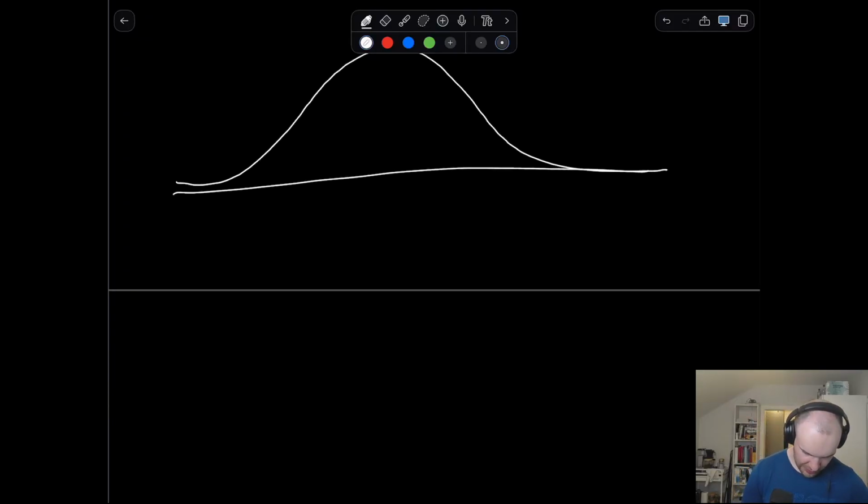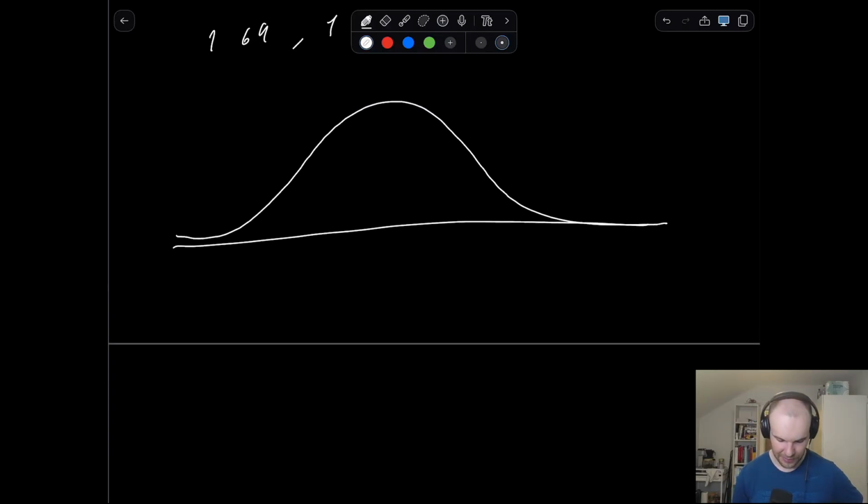Which means, and this is very similar to mass, that's why it's called density. In order to get the mass, you have to take the volume, or in this case the surface, and multiply with density, right? This is the same idea.